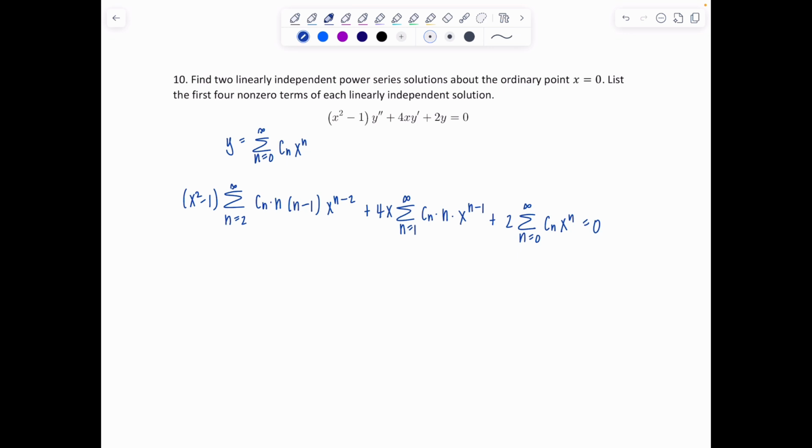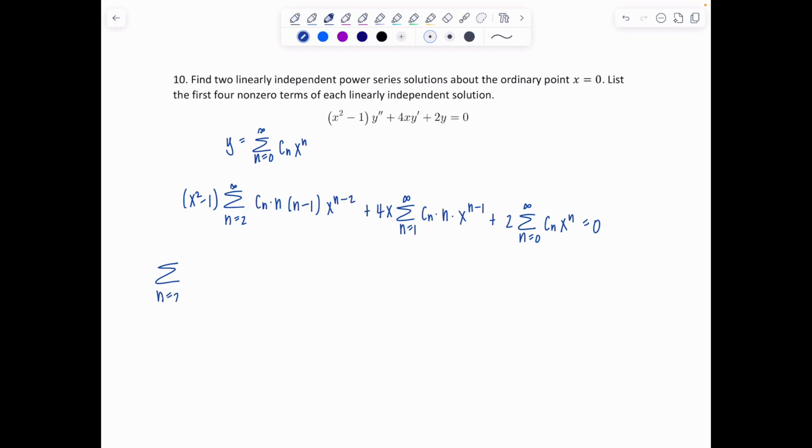So remember, first order of business is we want to simplify and then get the powers on x to match. But don't worry about the powers on x matching just yet, because we have these x squared minus 1 and 4x to distribute. That'll affect things, so don't start shifting just yet. Distribute first. So if I distribute x squared through, this will now be x to the n.